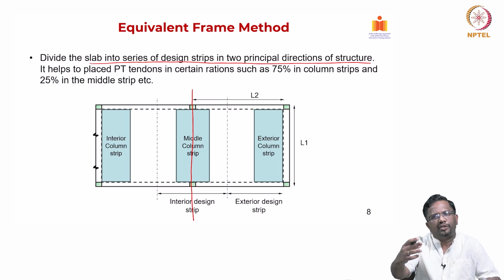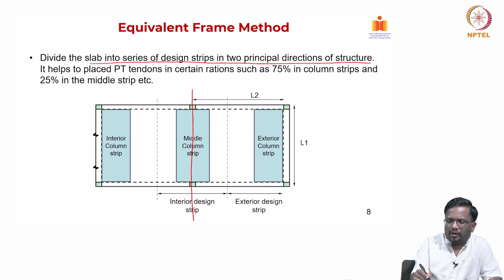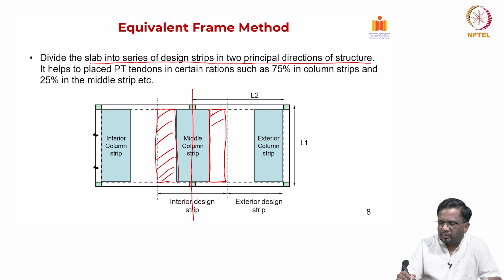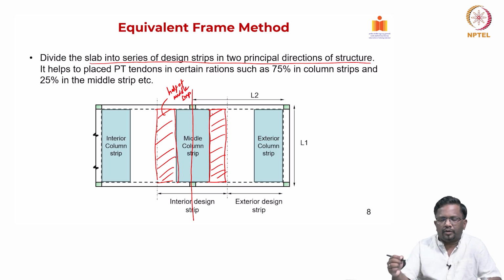Typically, column strip regions will be stiffer, right, and then you will have half of your middle strip in the highlighted region. On either side, you will have a middle strip. So, this is basically half of the middle strip, right, and this is again another half.